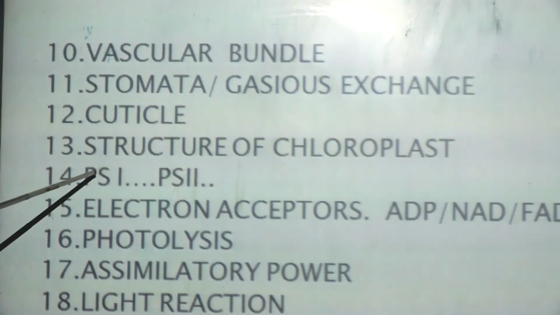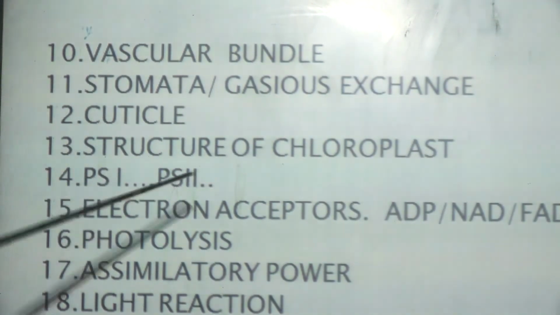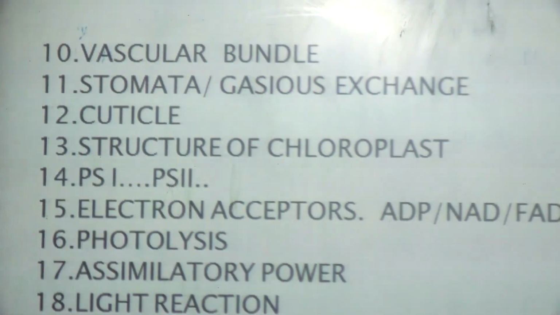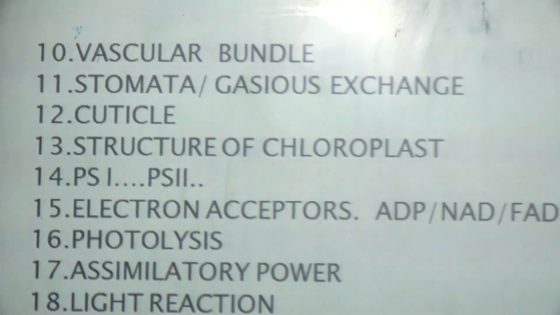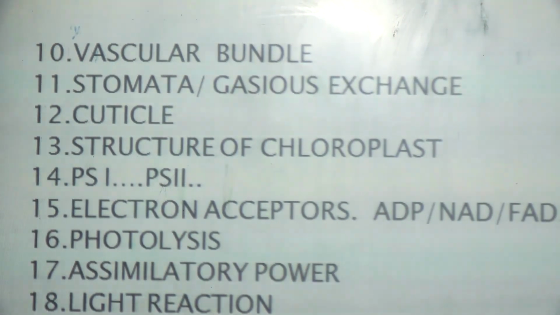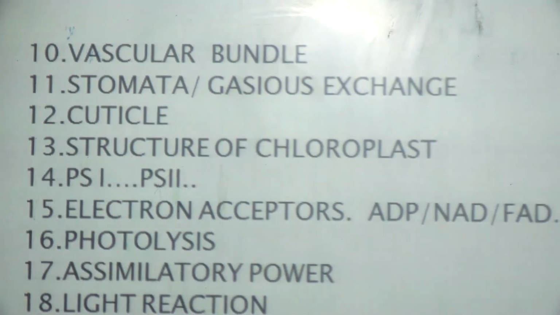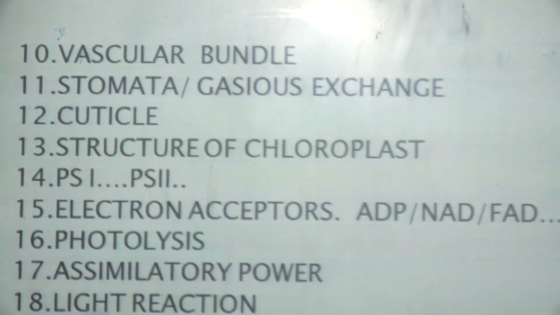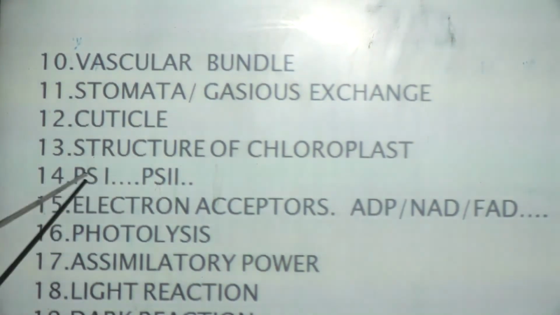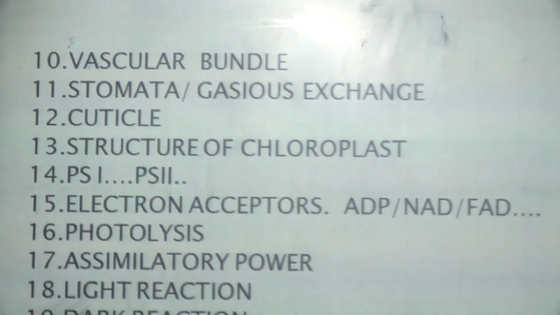And you have photosystem 1 and photosystem 2. These photosystems are very important for the light reaction and dark reaction. If the question paper is difficult, they will ask what is a photosystem. A photosystem is nothing but a bunch of pigments which are useful for photosynthesis. They are arranged in two systems, photosystem 1 and photosystem 2.